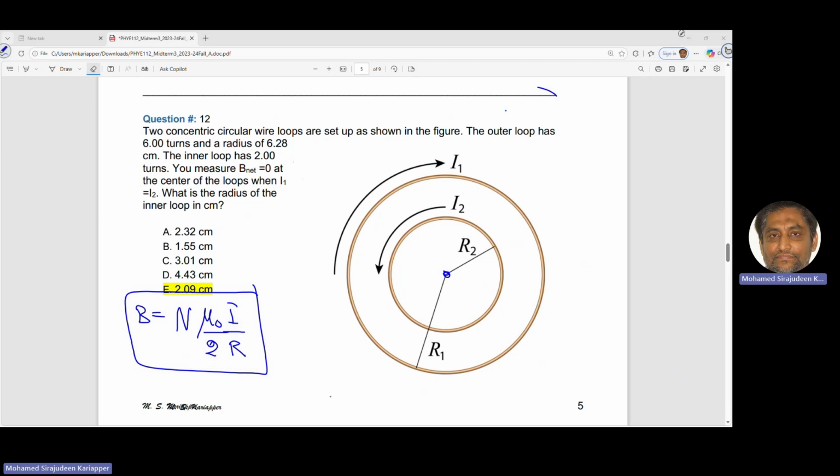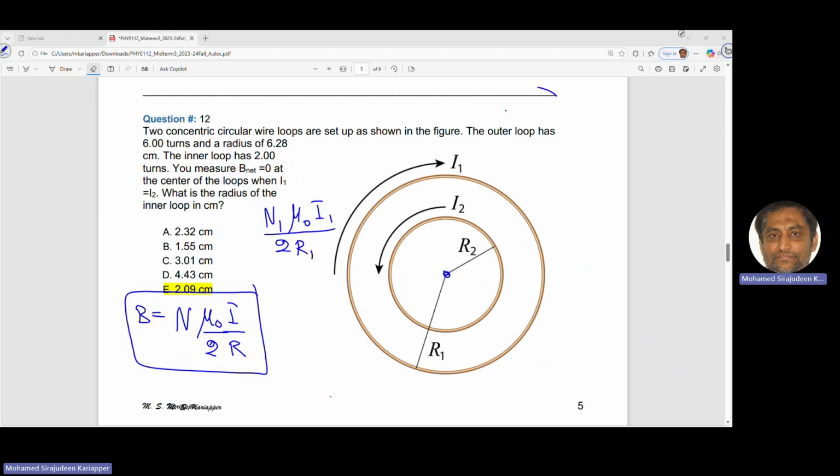Into the board we take as negative, out of the board we put positive. So B1, the magnetic field from the current I1, will be equal to, let me call it N1, I'll put the substitution at the end, N1 mu 0 I1 divided by 2 R1.